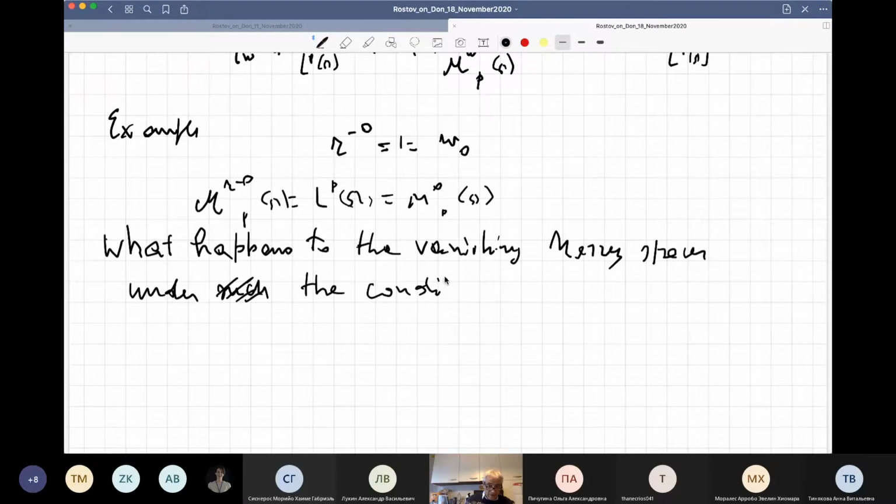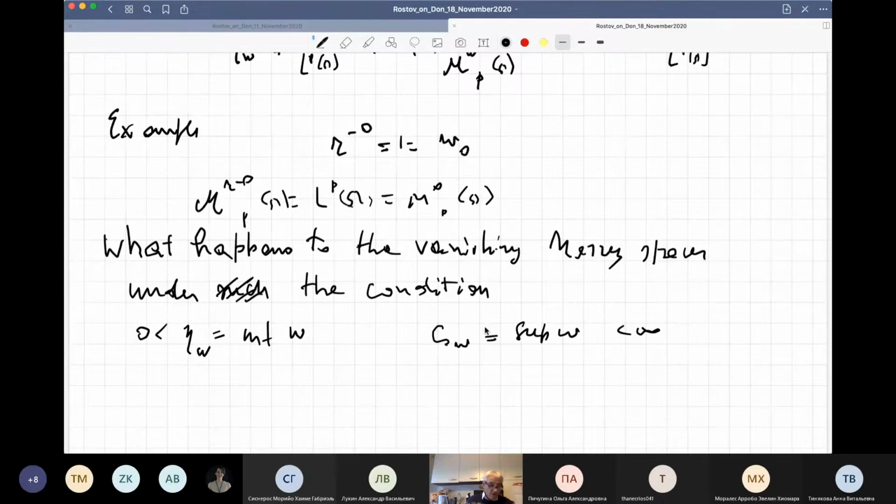Let me write it again, because it's not on the screen anymore: that the infimum of W, which was eta W, remember, is positive, and the sigma W, equal to the supremum of W, is finite. Okay, what happens to the vanishing Morrey spaces?